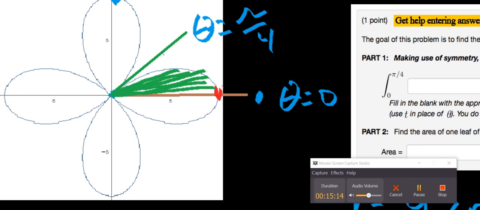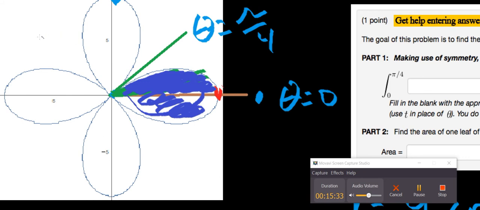That 81 pi 16ths is the area of half of one of the petals, half of one of the leaves. So if we want to get a full leaf, we want to get the whole thing, we need to multiply that by 2.